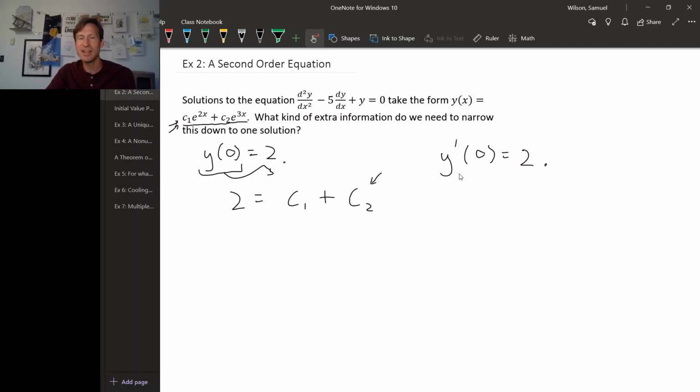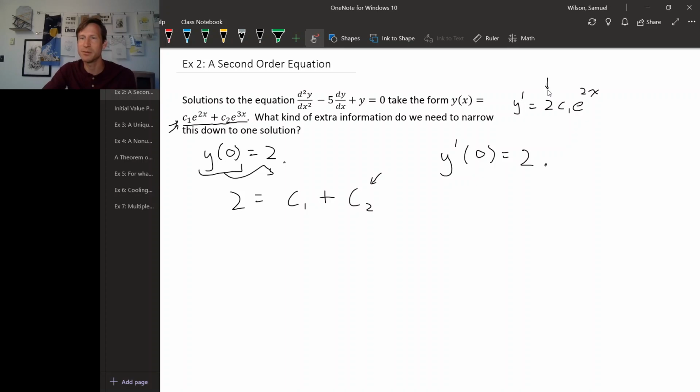Okay, well, just like we used y of 0 being 2 to get an equation, we can use y prime of 0 equals 2 to get another equation. So let's calculate y prime. Y prime is 2 times c1 e to the 2x.